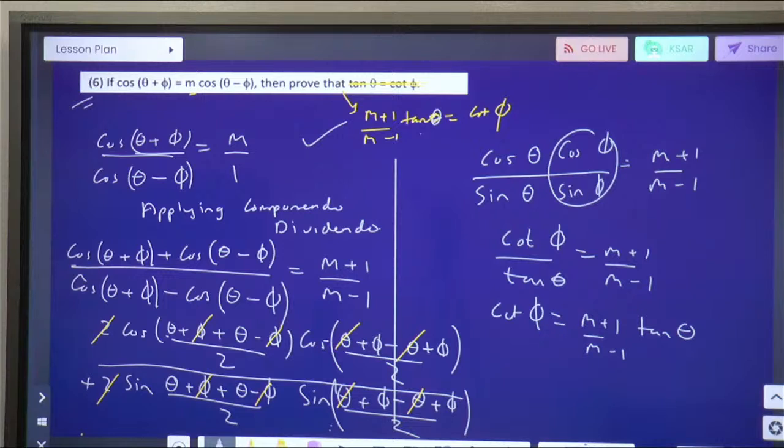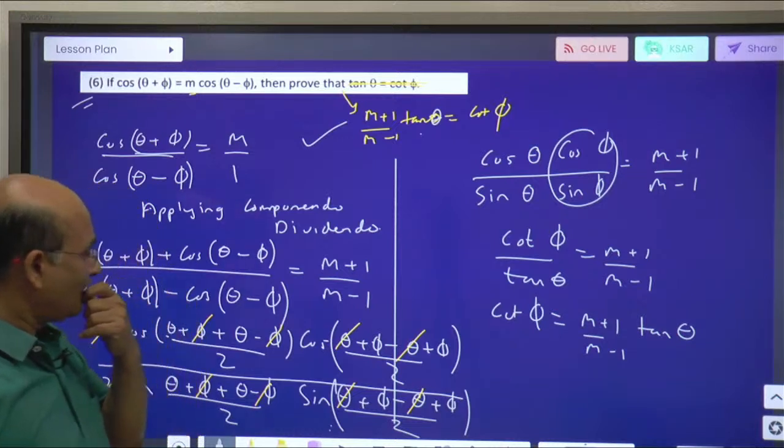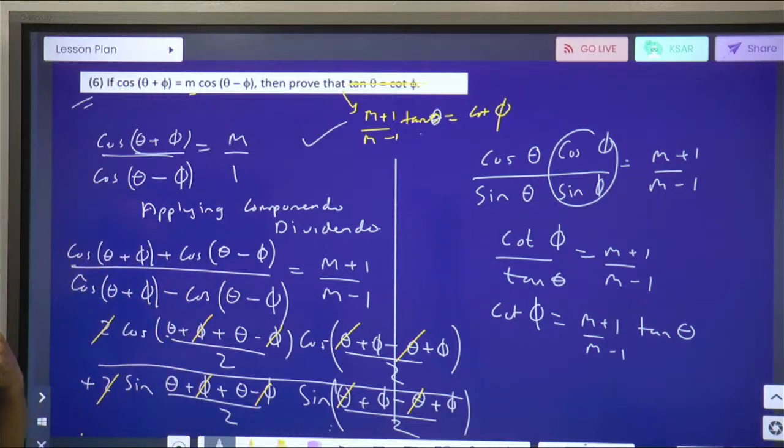One minute, I'll just clarify this. C plus D by 2 and C minus D by 2. Because that minus sign will not go, that's the point. C minus D by 2.